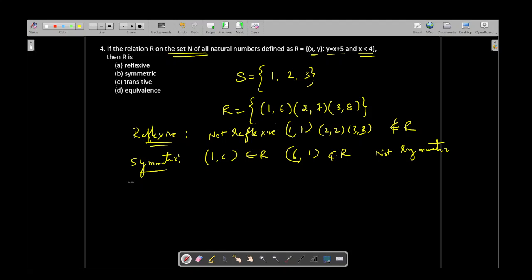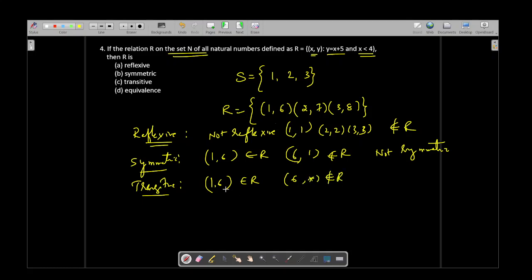Let's check for transitive. Let us check for the first element 1 comma 6. 1 comma 6 is a member of R. I have to check whether any ordered pair starts with 6 or not. There is no ordered pair which starts with 6.